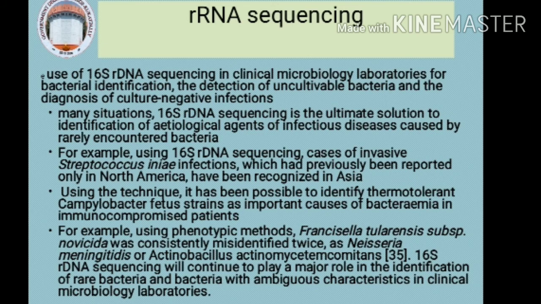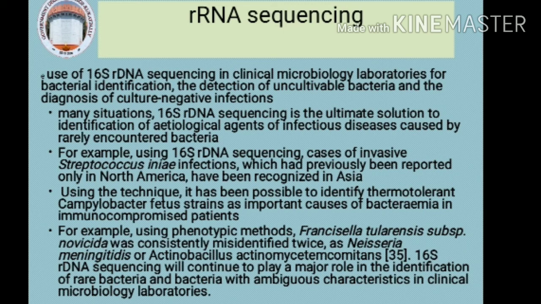But using 16S ribosomal DNA sequencing, Francisella tularensis subspecies novicida is absolutely, 100% identified. So the identification of rare bacteria and bacteria with ambiguous characteristics in clinical microbiology laboratories is done by using ribosomal RNA sequencing.